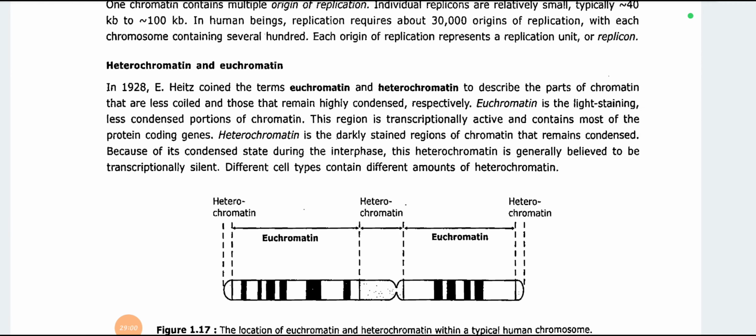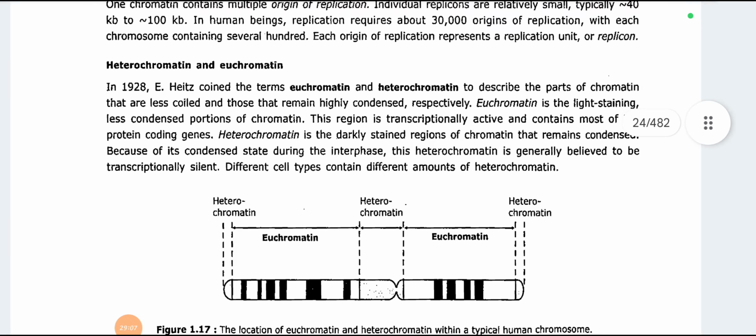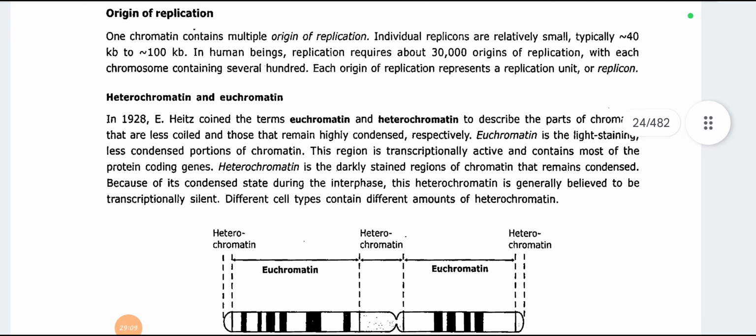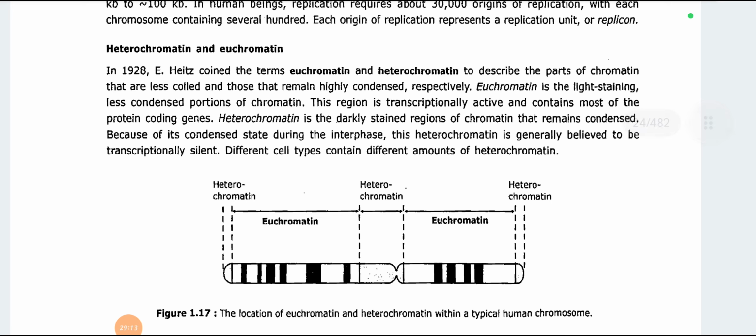In human beings replication requires about 30,000 origins of replication, with each chromosome containing several hundred ORI. Each origin of replication represents a replication unit, each having several proteins and factors associated with it, known as one unit.